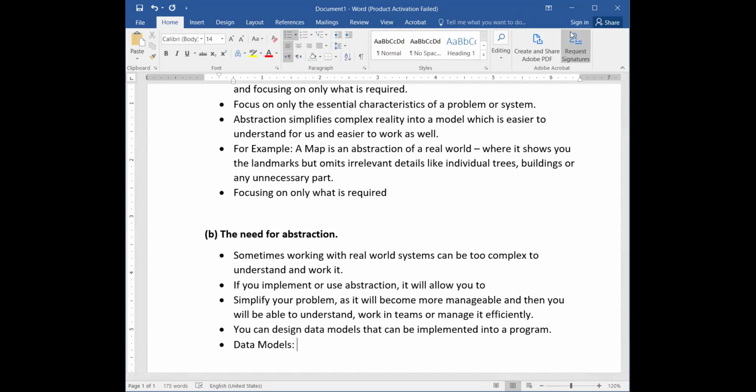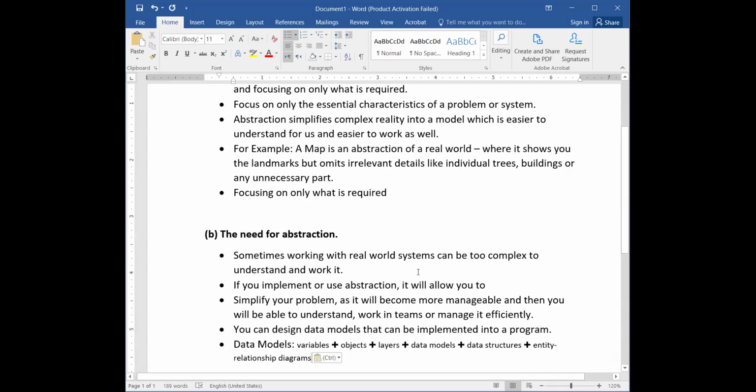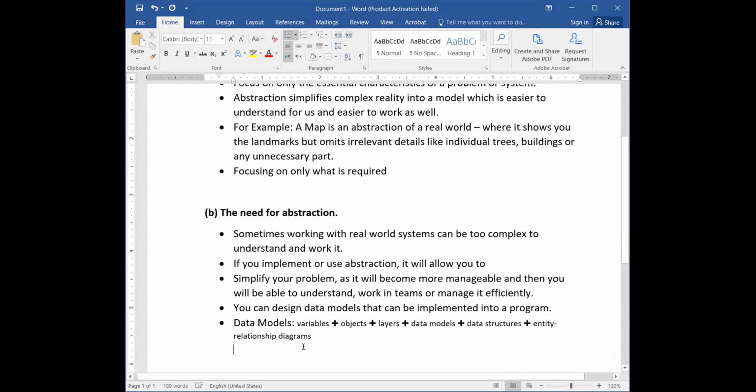And when I talk about these data models, as I explained with you right here, examples of these data models or abstraction could contain variables, objects, layers, data models, data structures, ER. So that means that you can convert them into this data model and you can work with it.